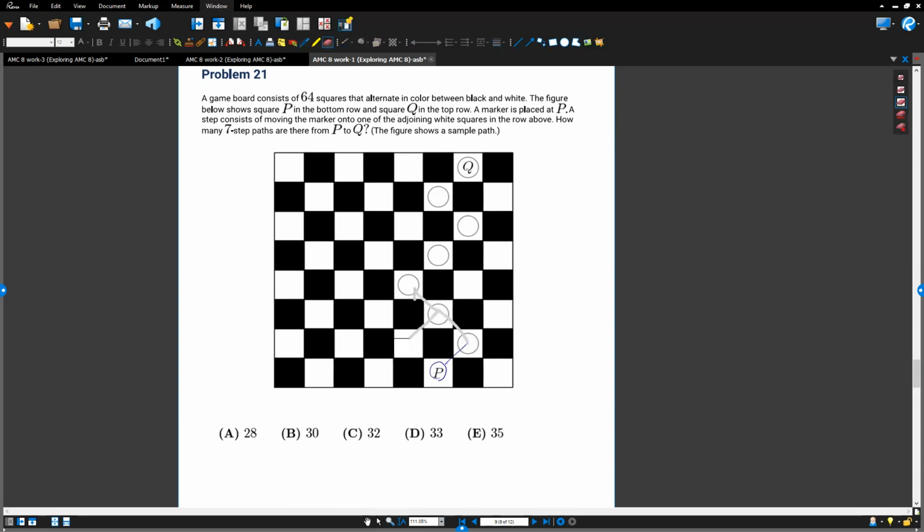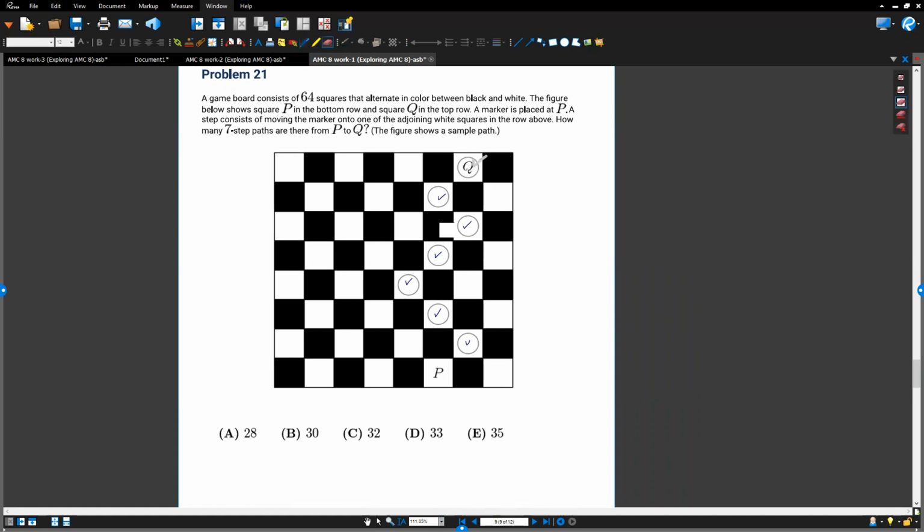Always above, not coming back. We use only white squares, 7 steps only. 1 step, 2 step, 3 step, 4 step, 5 step, 6 step, 7 step. That's fine. So how many different ways?